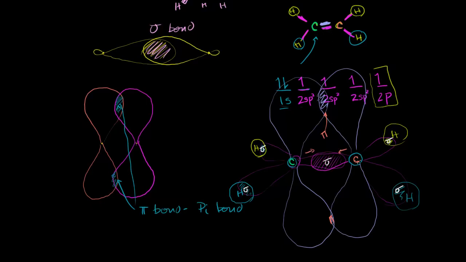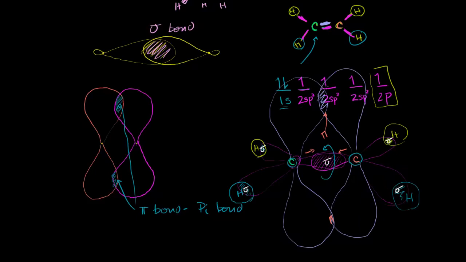Now, on top of that, the really interesting thing is if we just had a sigma bond here, both of these atoms could rotate around the bond axis. They would be able to rotate around the bond axis if you just had one sigma bond there. But since we have these pi bonds that are parallel to each other and overlapping, they're locked into that configuration, so you can no longer rotate. If one of these rotates, the other one's going to rotate with it because these two are locked together.